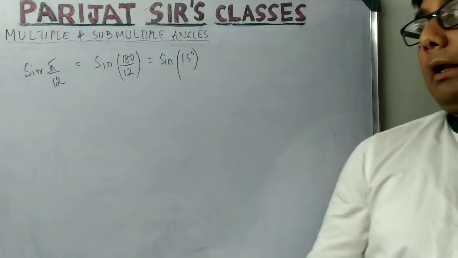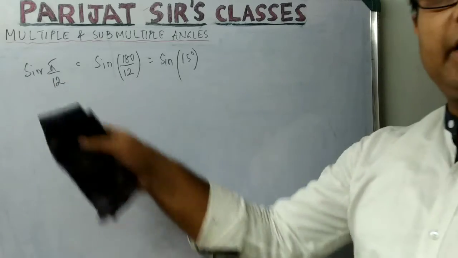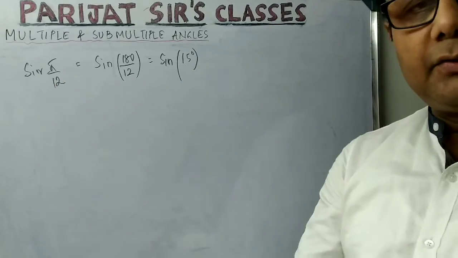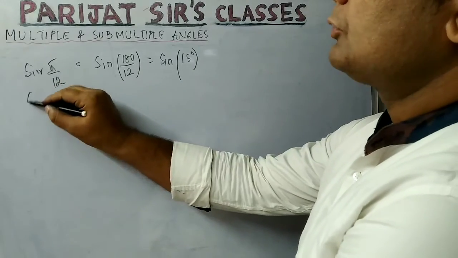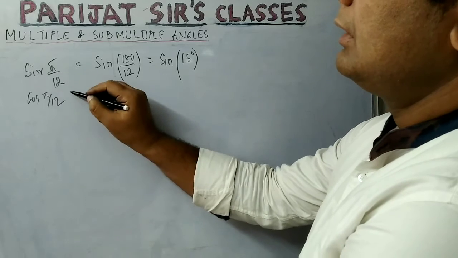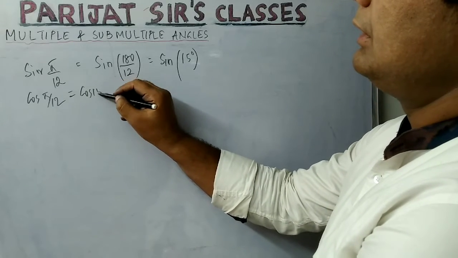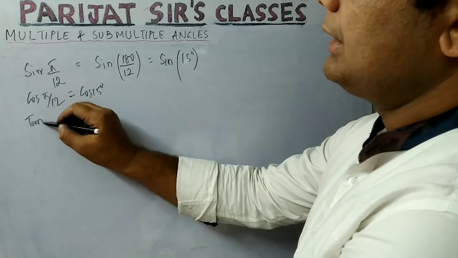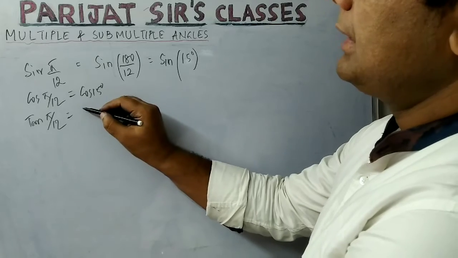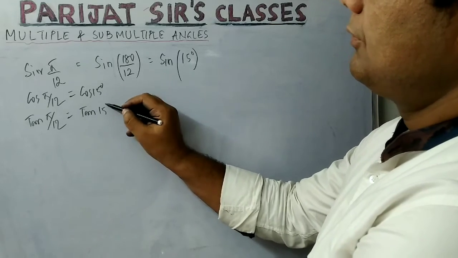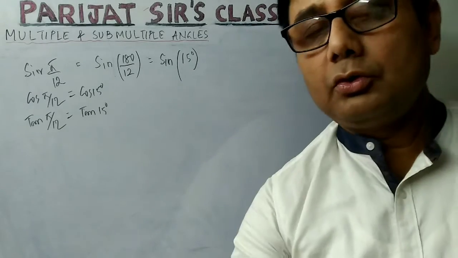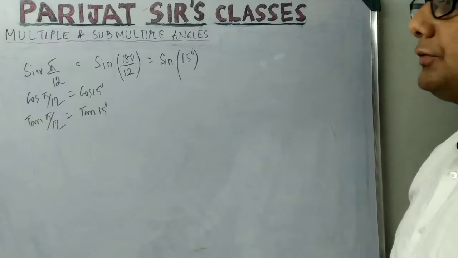So sine pi by 12 is actually sine 15 degree. Similarly, cos pi by 12 is cos 15 degree, and tan pi by 12 is tan 15 degree, and I already showed you how to calculate these values.